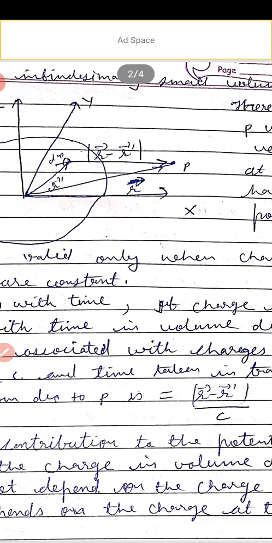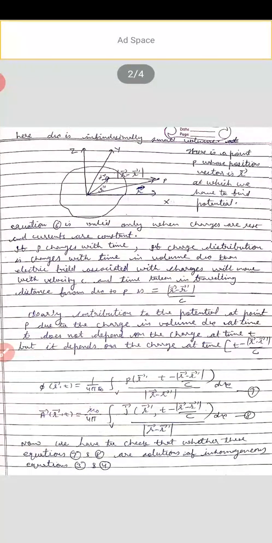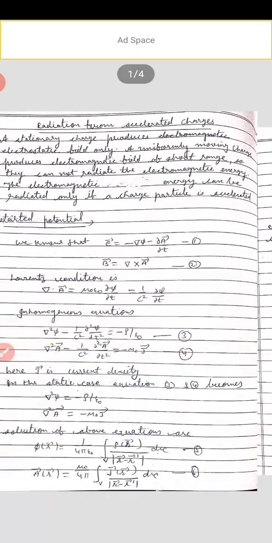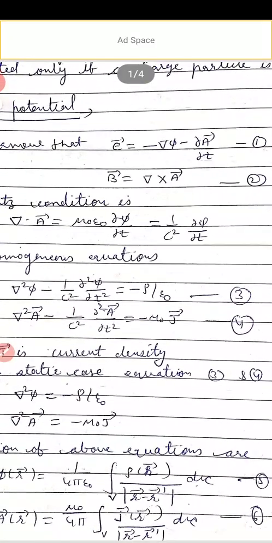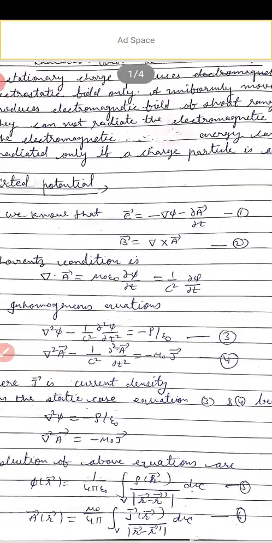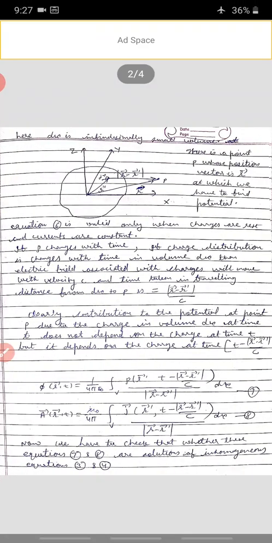The distance of the point P from the infinitesimally small volume is modulus of r minus r dash. Now equation 6 is valid only when charges are at rest and currents are constant.